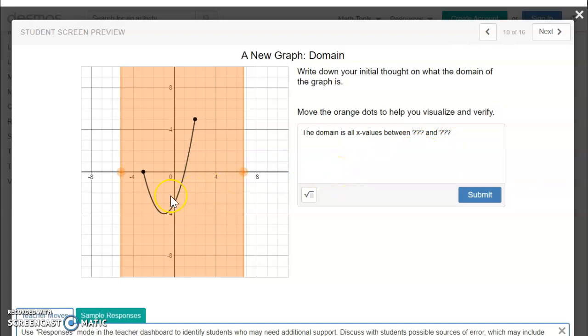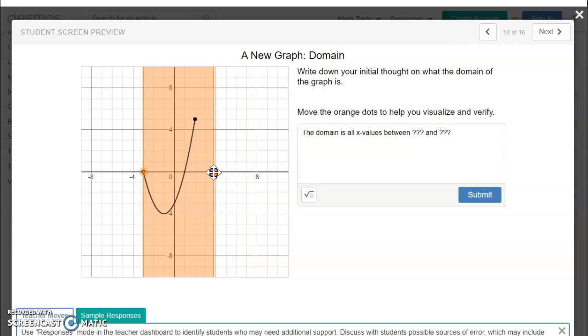Great. I am going to assume that you have done so, so I'm going to show you what I would do. I know that there's no graph here, no graph here, no graph here. Where is the graph? Right there. And where does the graph end? There is no graph here, no graph here, right there. Maybe that's about the extent. Then if I click on this, I can see the values.